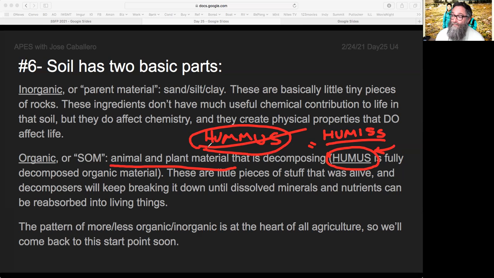But if you misspell it this way, they have to assume you really meant there's ground up garbanzo beans in the soil, and they would say there's no garbanzo beans in the soil. So if you misspell it as a word which means a different thing, then you do lose the point.